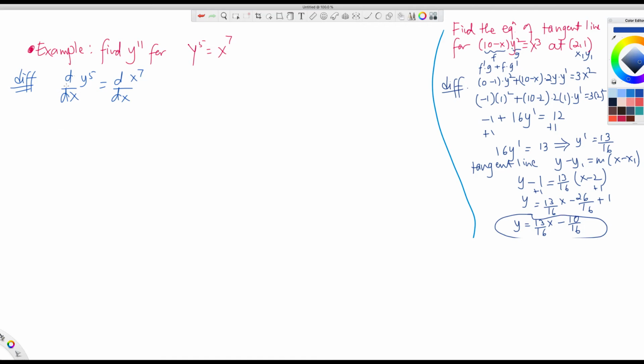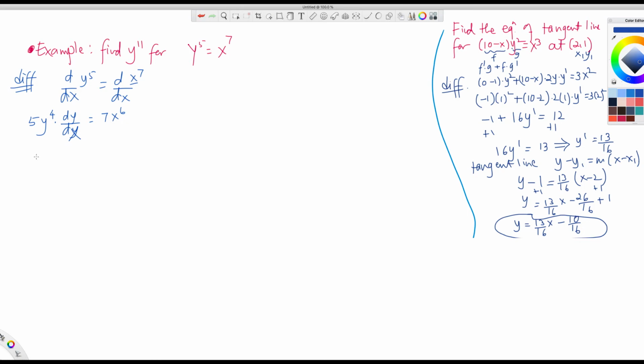So because they don't match, it will be 5 y to the 4 times dy over dx, or you can write y prime, equals, what do you get there? It's 7x to the 6, because x and x match, right?